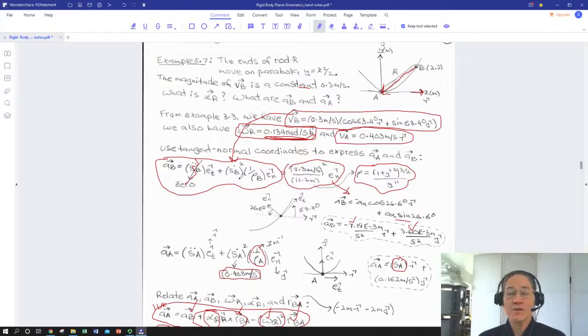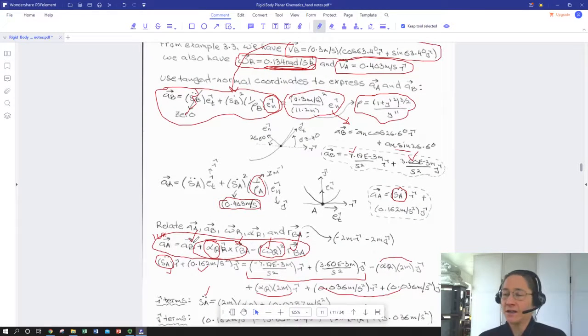This still holds. We just need to make sure that we're not mixing coordinate systems in our final expression. Our normal tangent system is great for point B, but we did have to transform it to our reference coordinate system to plug it down into here.